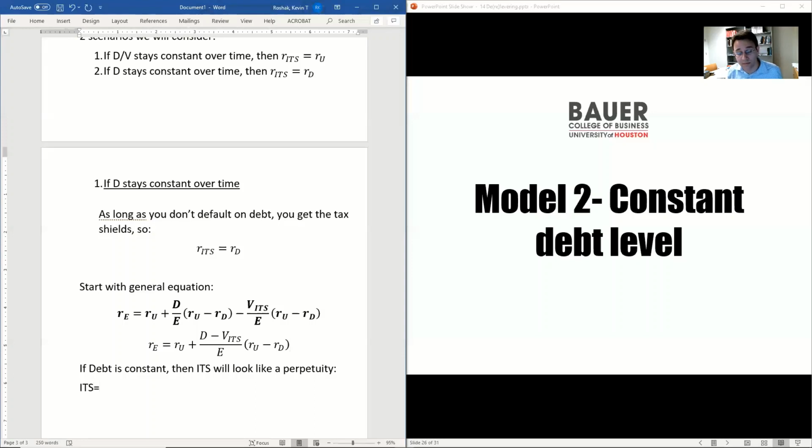Interest tax shield is going to be the debt times the interest rate, RD, times the tax rate. And if that's a perpetuity, then we can value it using the perpetuity formula.